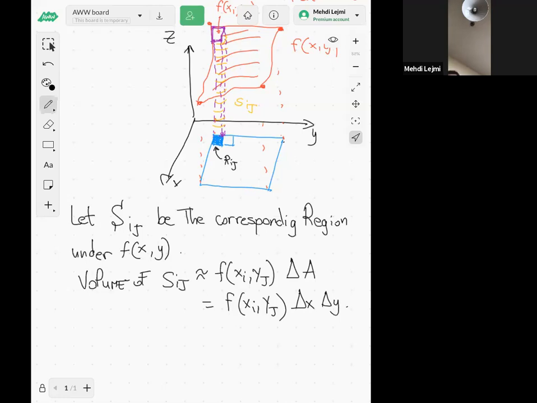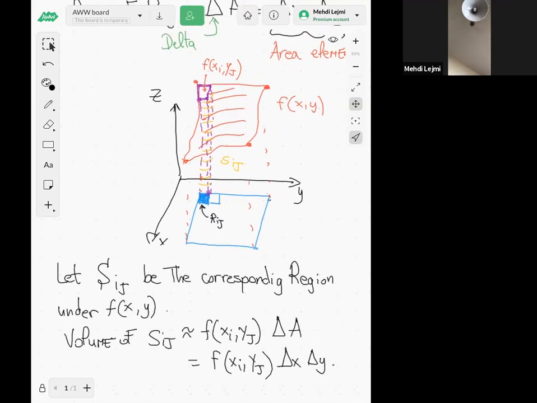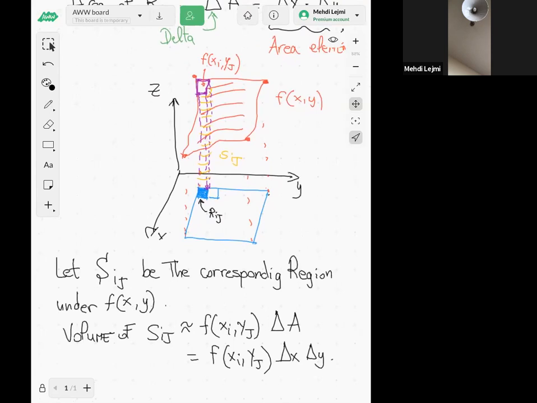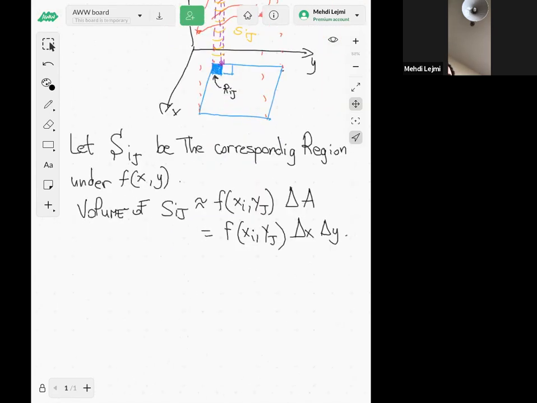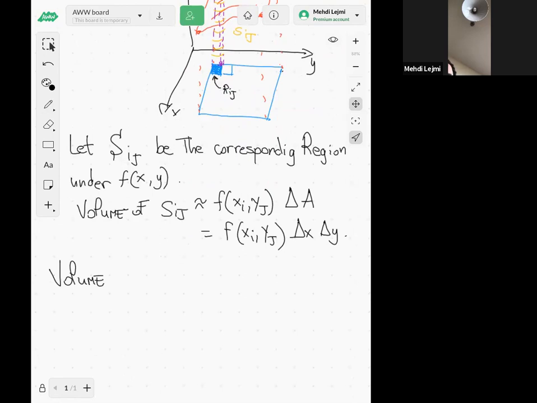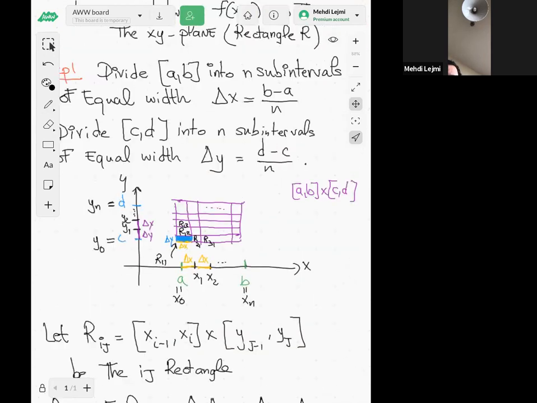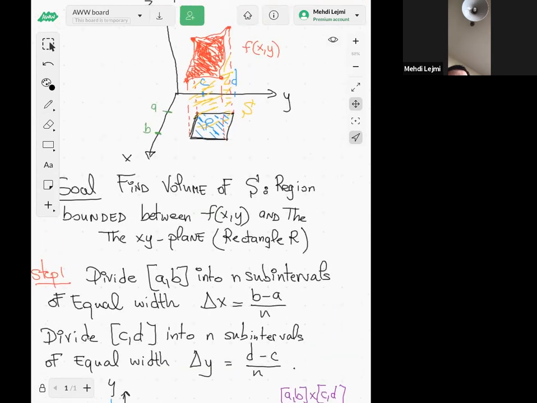Now, the volume of the whole solid S would be the sum of the volume of all these regions Sij. Let me just remind you, S is the region bounded between the function f and the xy plane.